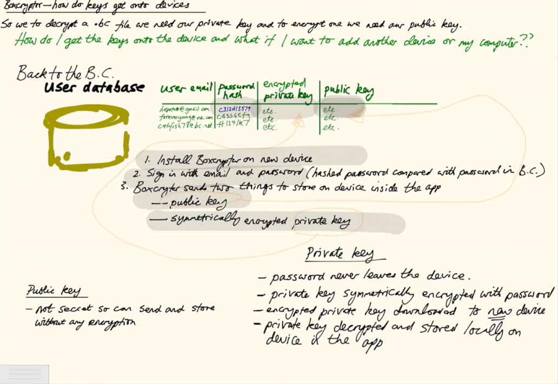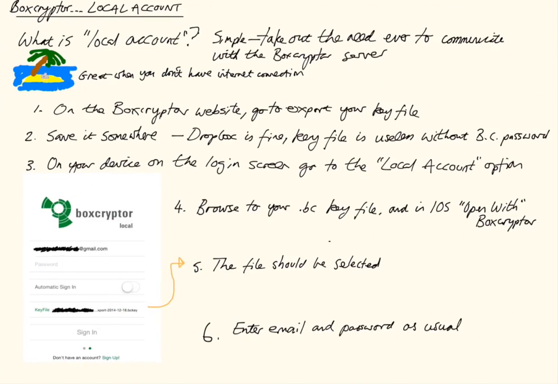The private key is encrypted, as we saw before, using the user's password. But because the user who's setting up the account knows the password, they store that information on the device, and that password is used to decrypt the private key. So now we have the private key and the public key all set up and secure on the new device, i.e. the iPhone in this case.